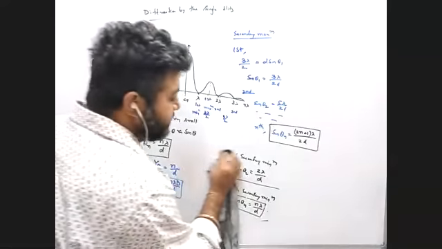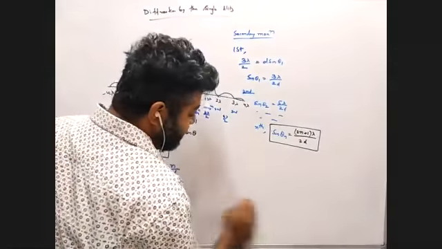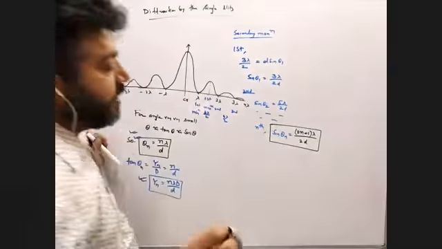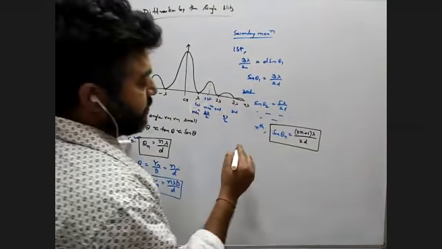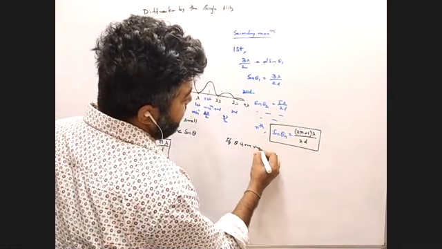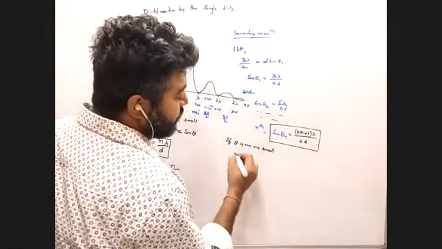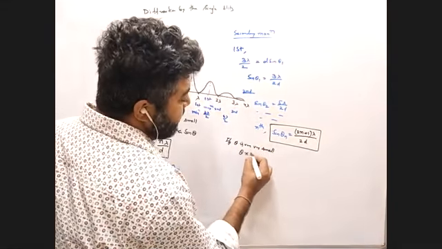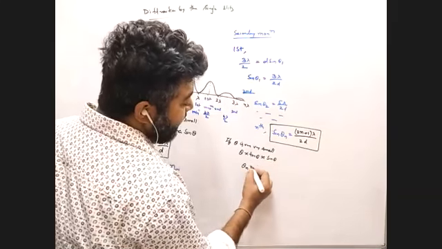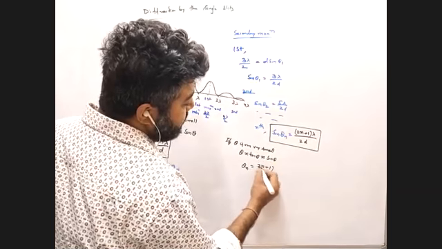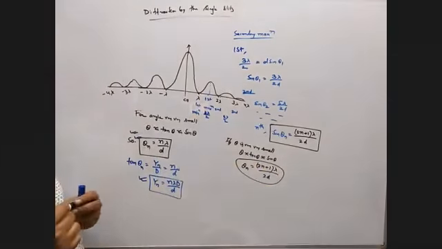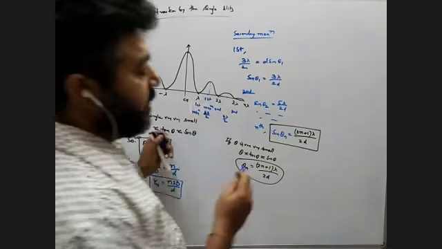Now if it is nth, and theta is very, very small, we can write theta nearly equals tan theta, nearly equals sine theta. So theta n is (2n plus 1) lambda by 2d if they want the angular form, and if the angle is very small.